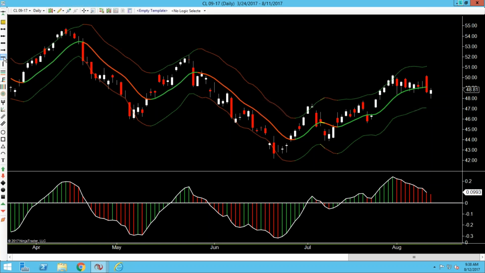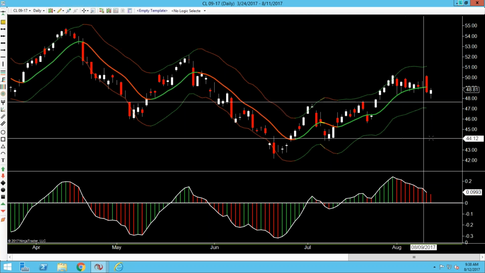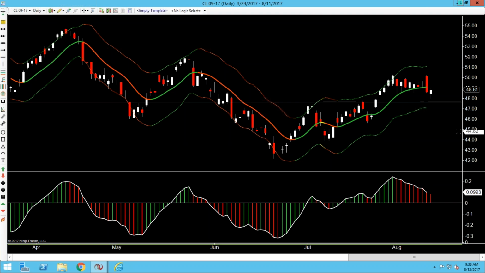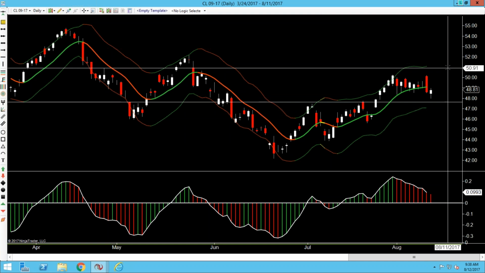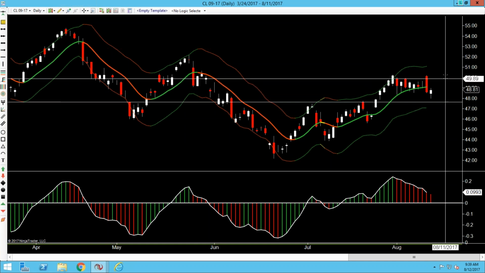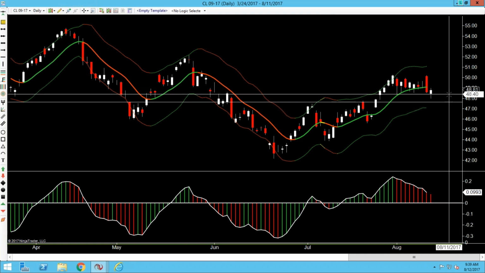Right there. Something like that. And if it doesn't continue climbing from here, this open again is what to watch at 48.43.